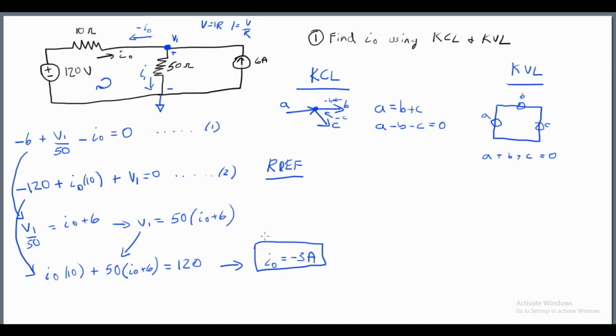So if you get these methods down pat and you get really good at KCL and KVL, the upcoming nodal analysis and mesh current techniques are just going to be a breeze to you. It's going to be super easy. As well, make sure you learn how to use reduced row echelon form if you're allowed to. I highly suggest that. It's a really easy and fast way to solve a system of equations and a set of unknowns.